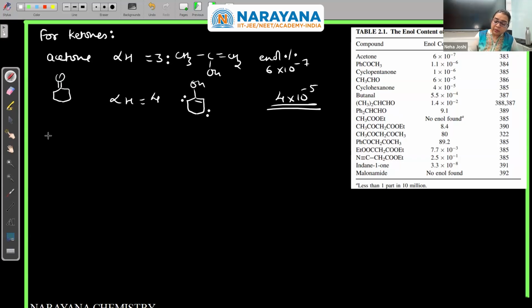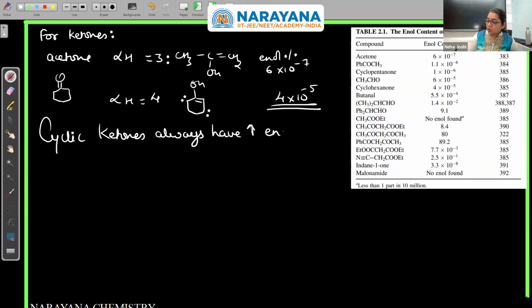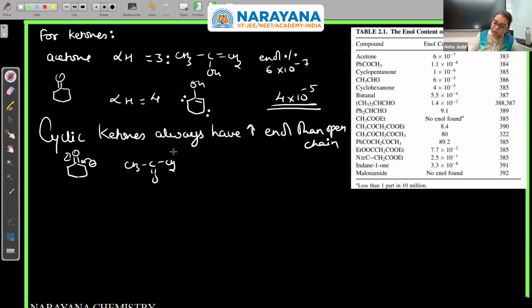Okay, a general comment I make is that cyclic ketones always have higher enol than open chain. In comparison to open chain, of course the ring should be stable, it is better, and one probable reason is that this form is more stable than this form. Why? Because here it is a locked structure, so resonance is better. Here rotation is allowed, so resonance may not be as good as here.